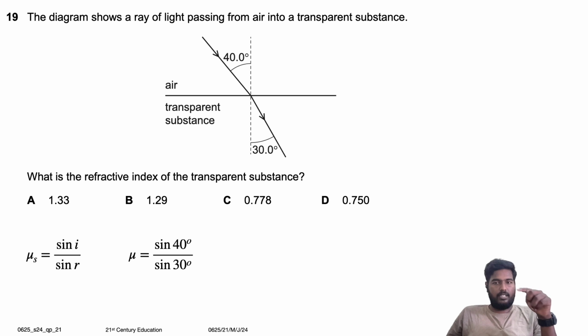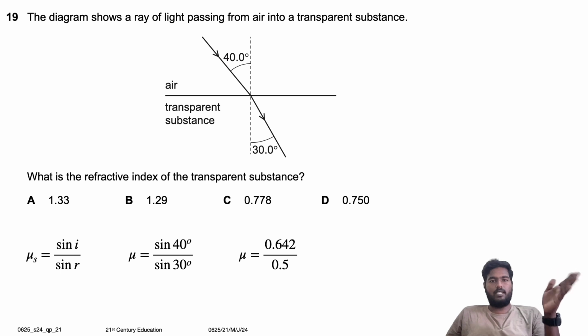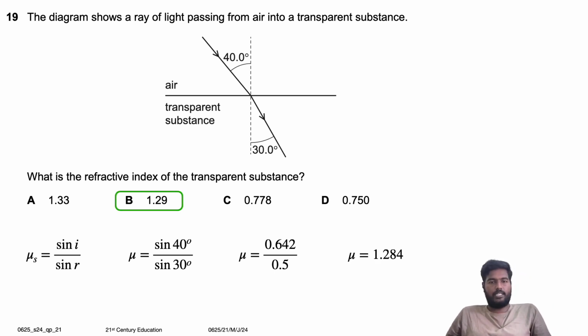So it's sin 40 divided by sin 30. Sin 40 degrees is 0.6428, sin 30 is 0.5. Whenever we do this calculation, make sure that the calculator is in degree mode, not radian, unless specifically instructed otherwise, because that can cause some error. The rest is baby math. Then we'll have 1.284. We can round it up to 1.29.